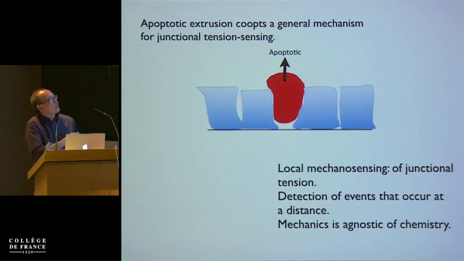And more generally, we would postulate that these kind of mechanosensors might be interesting for other challenges to homeostasis, such as infection or even transformation, because mechanosensing allows changes in junctional tension to be detected. And there are some beauties to mechanics, as of course you know better than I. It allows events to be detected at some sort of distance, and in some sense, mechanics can signal irrespective of the chemistry of the insult.